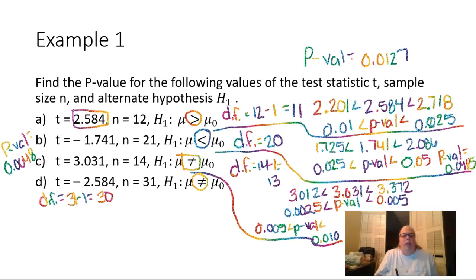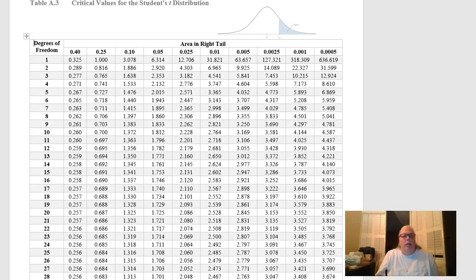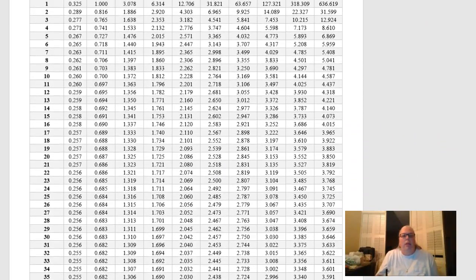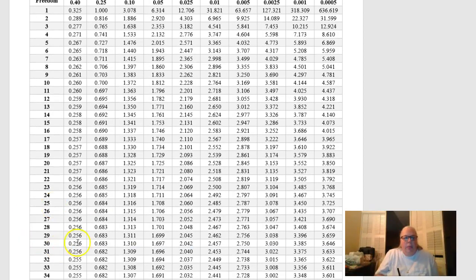And we will be looking on line 30 for 2.584. Line 30. 2.4, 2.45, 2.7. So it's going to be between 2.457 and 2.750.